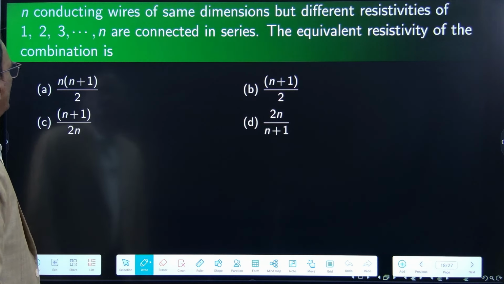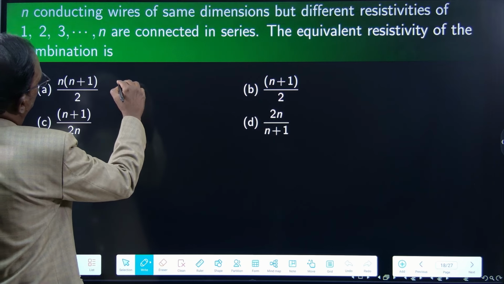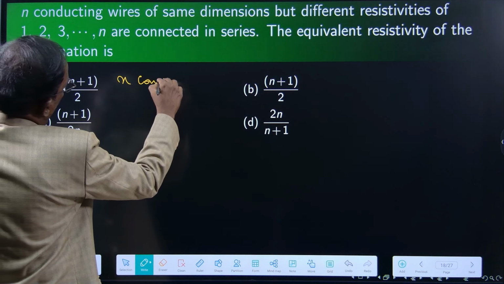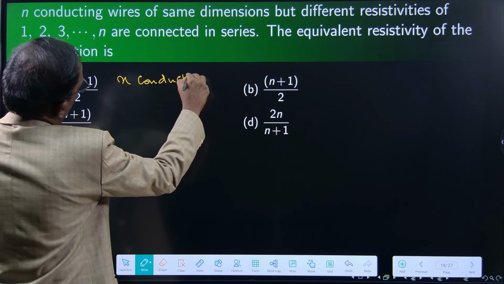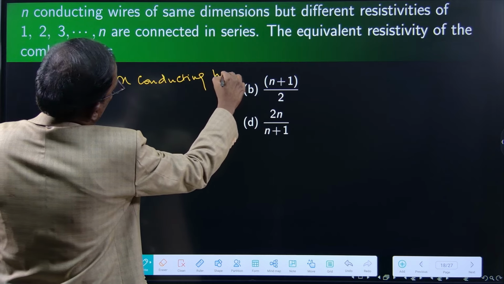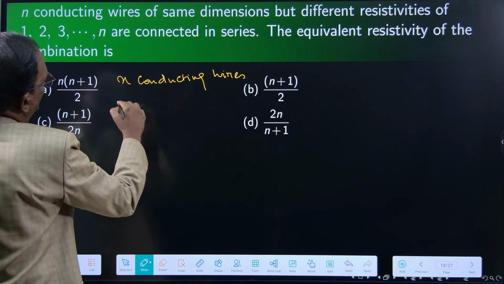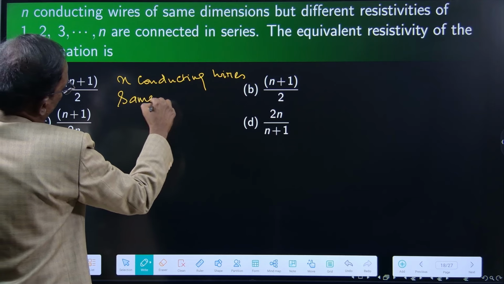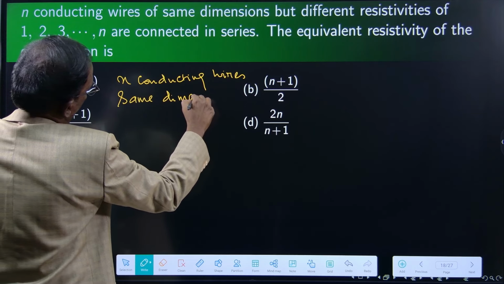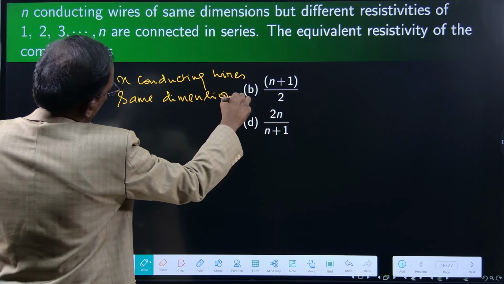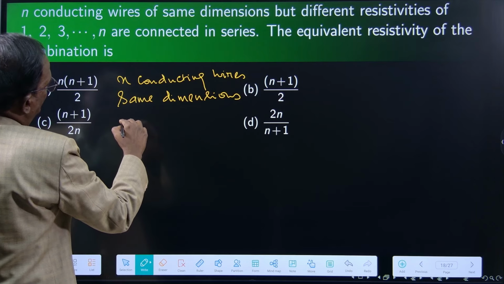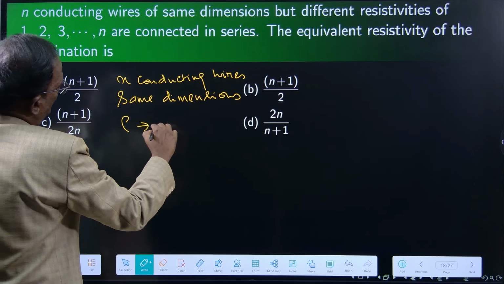Next question. N conducting wires, with the same dimensions but different resistivity, rho different.